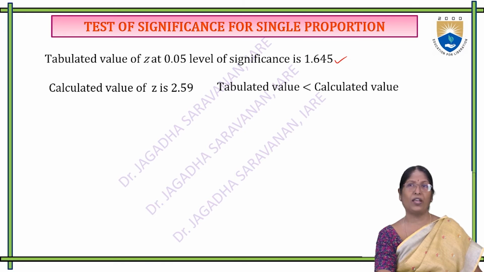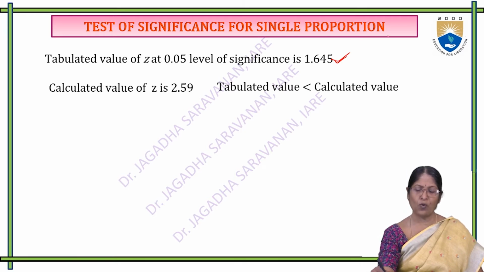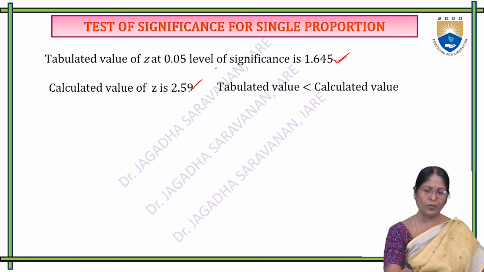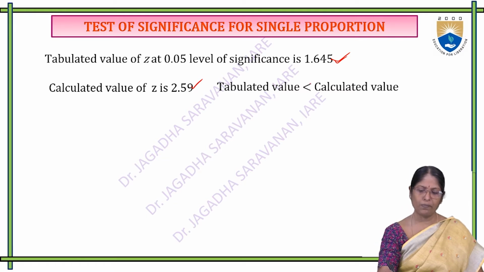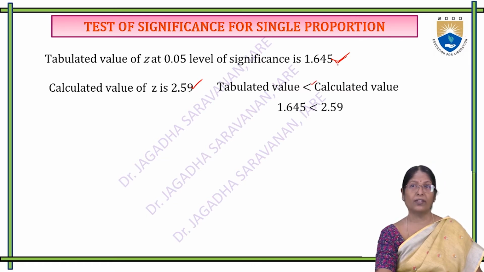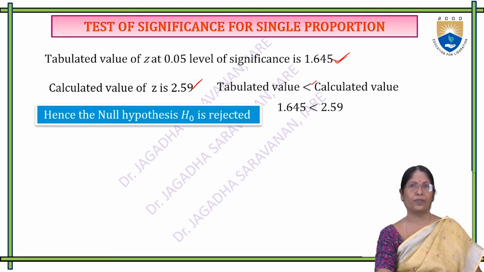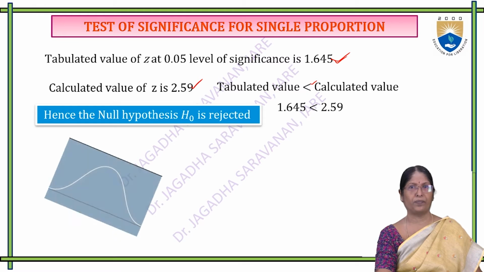The tabulated value is 1.645, whereas the calculated value is 2.59. If the tabulated value is more than the calculated value, we accept the null hypothesis. But in this problem the tabulated value is less than the calculated value: 1.645 is less than 2.59. So the null hypothesis H0 is rejected.